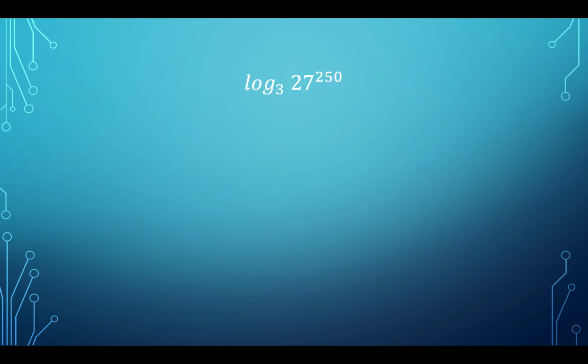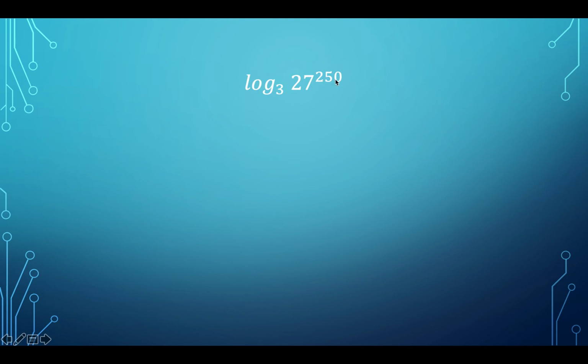Let's try this one. Log base 3 of 27 to the 250th power. Now these exponents, I can start giving you if I wanted to do like 1,000, 1,000,000. I can give you the exponents as big as I want to, because we're not really doing 27 to the 250th power.